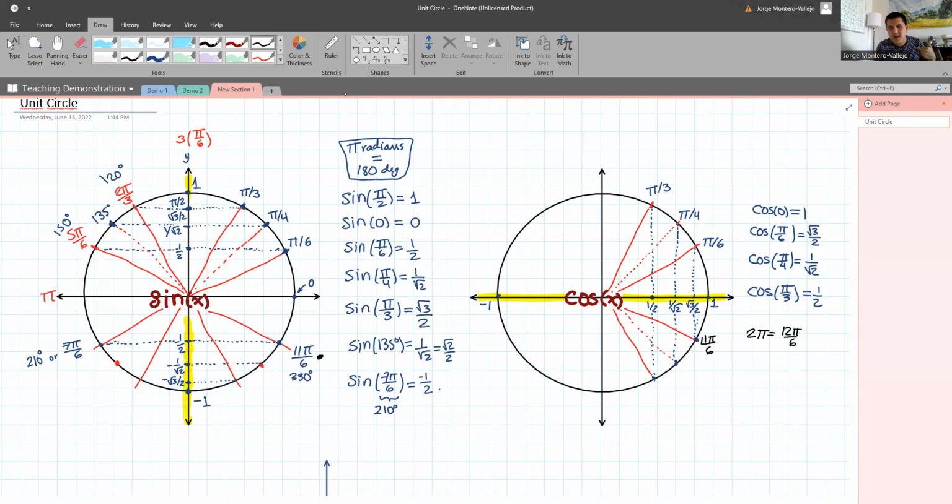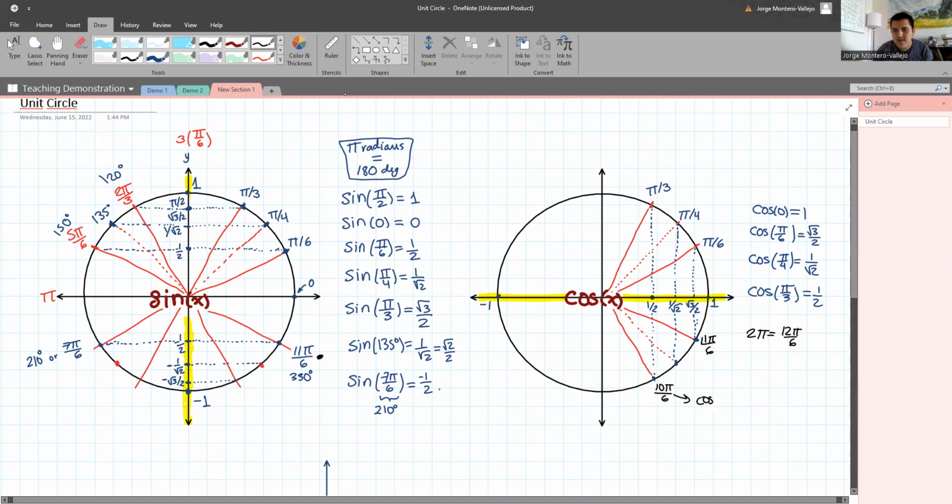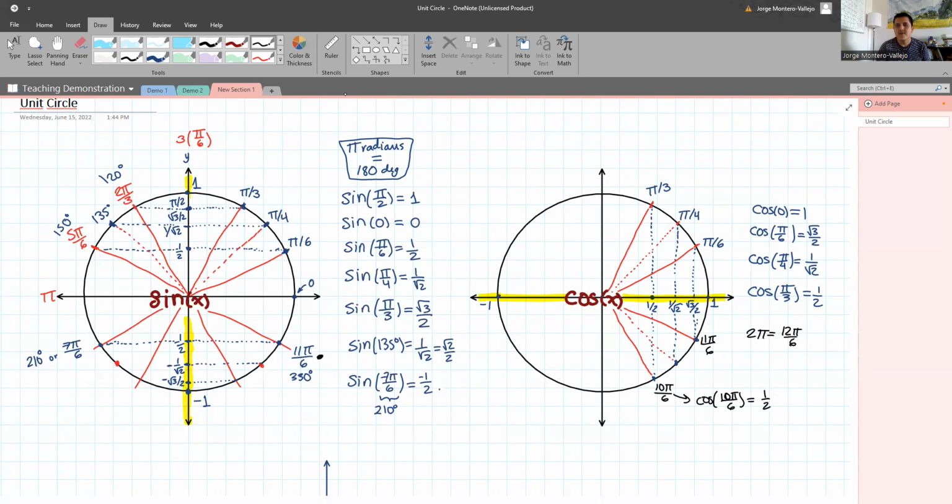And then if we take out another one, that is 10 pi over 6. And this is the angle in between, right? And so, because we know where these have their shadows on the x-axis, we know then that, for example, cosine of 10 pi over 6 is the same as 1/2, right?